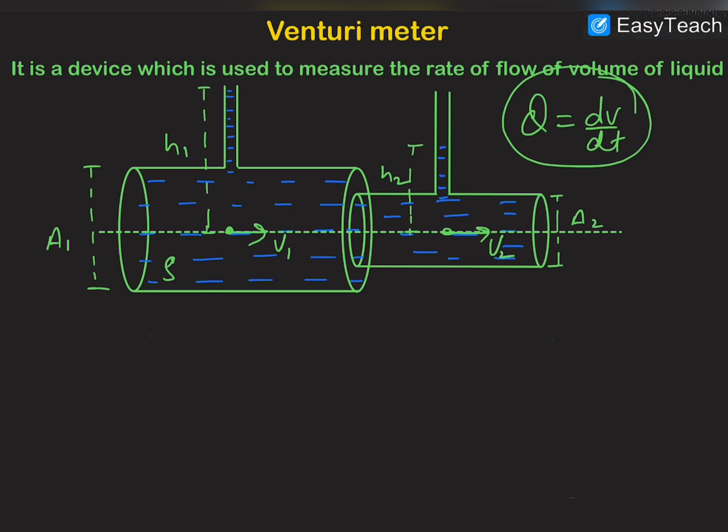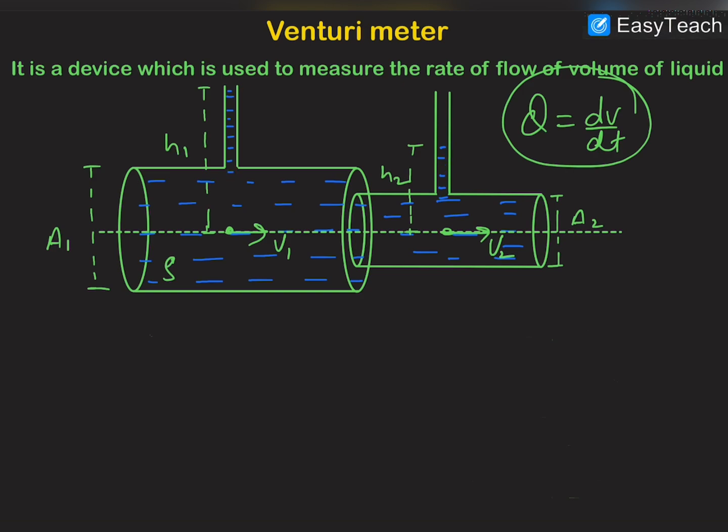In JEE, I have seen such questions in which there are four options, and in all those four options this Venturimeter is shown, and in one option the level of liquid in this tube is higher than this tube, in the other option the level of liquid in this tube is higher, in some other option the level of liquid in both the tubes is equal, and in some other option they show that liquid will not rise in these tubes.